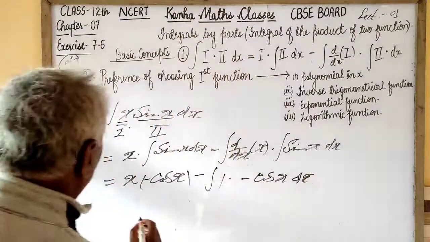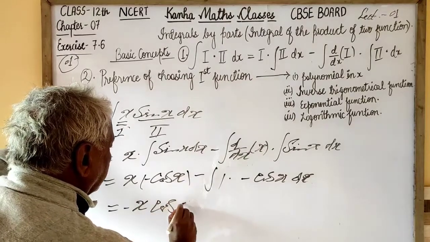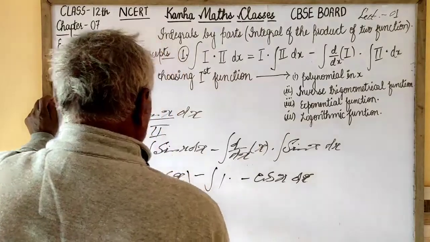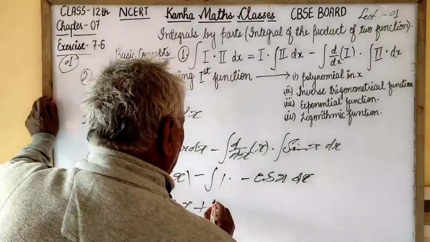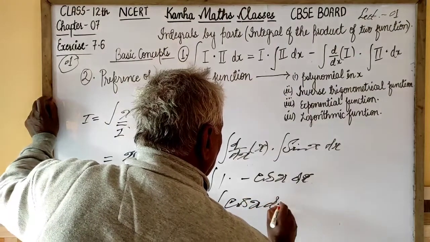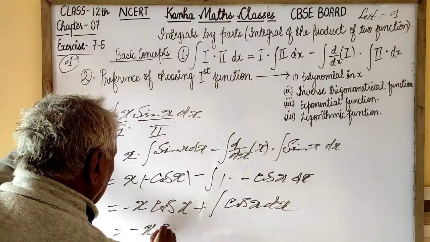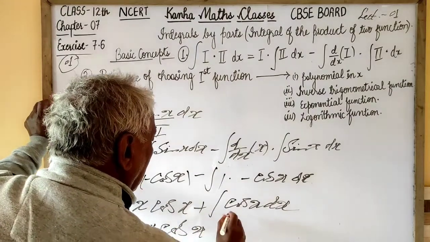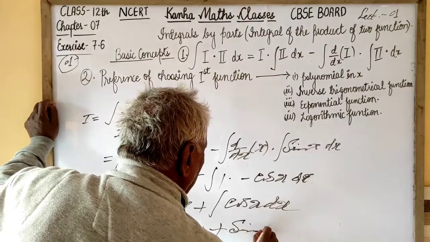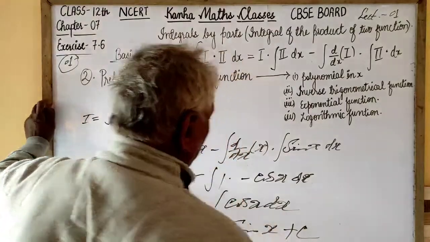Then this will be minus x cos x plus integral cos x dx. Ultimately this will become minus x cos x plus sin x, plus the constant. This will be the requisite integral of question number 1.